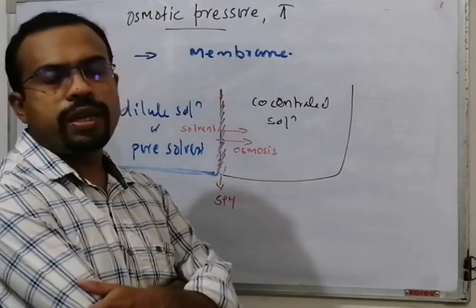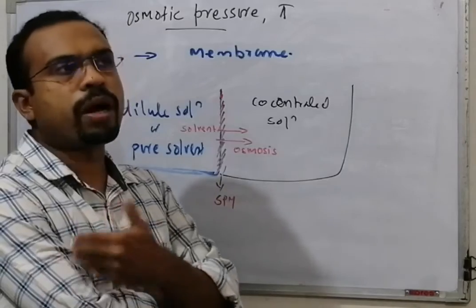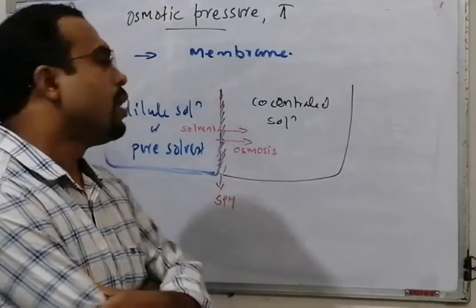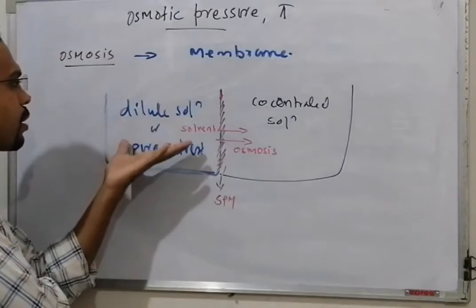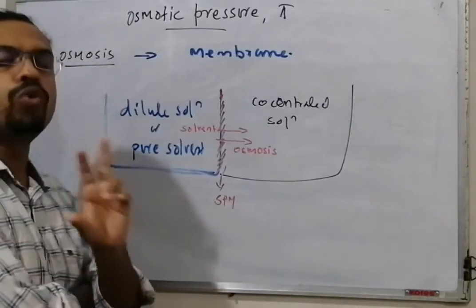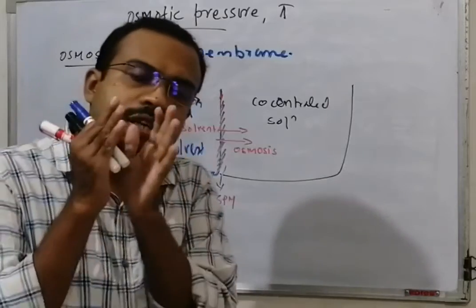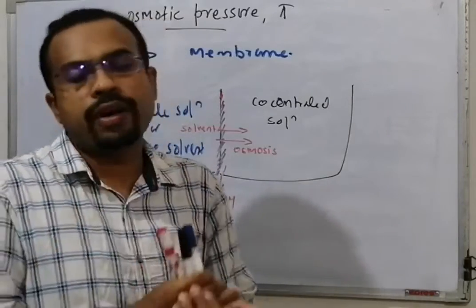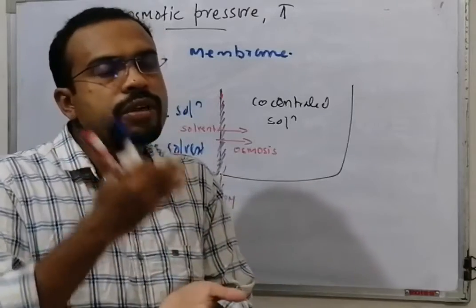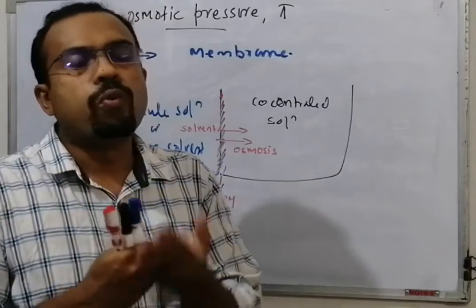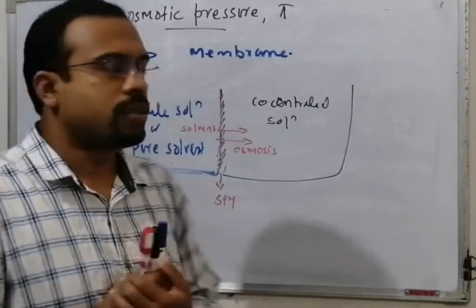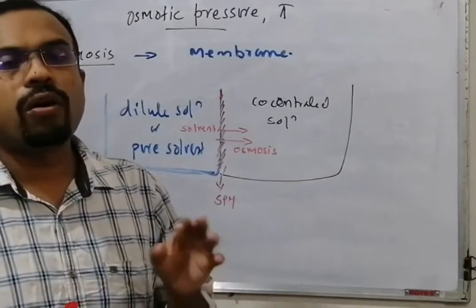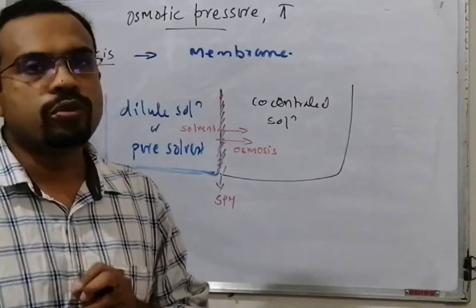In botany, you learn that solvent is moving from higher potential to lower potential. That's also correct. Higher potential means a higher amount of water. Solvent is moving from the region where a higher amount of water is present to the region of lower amount of water.